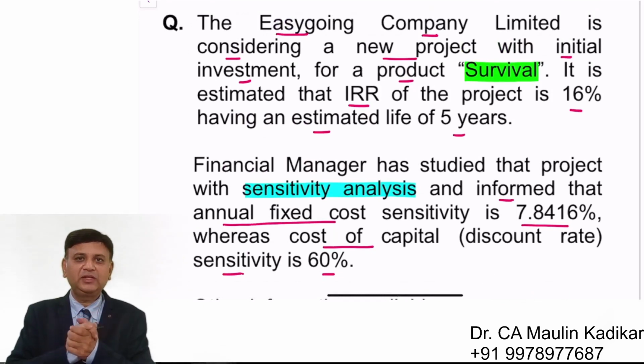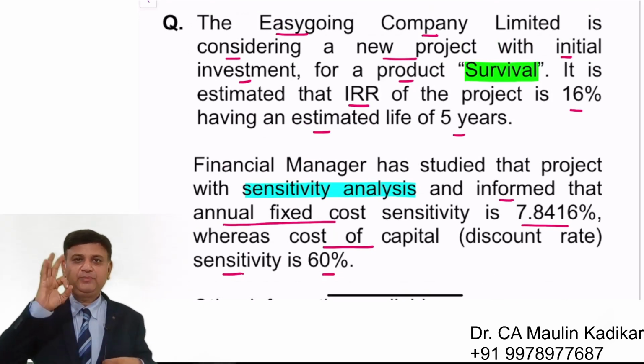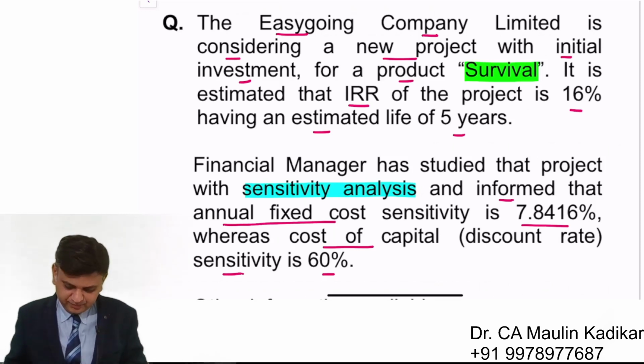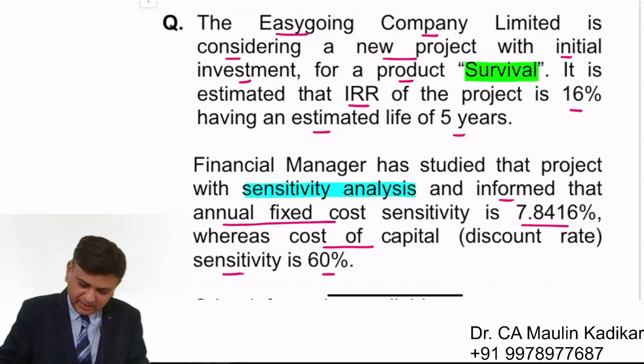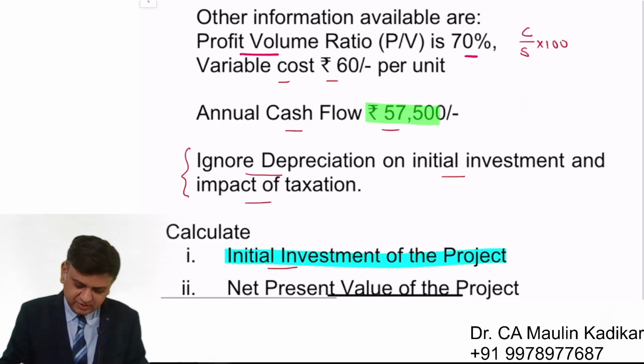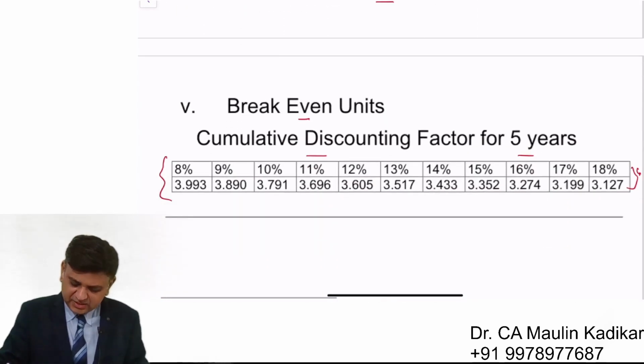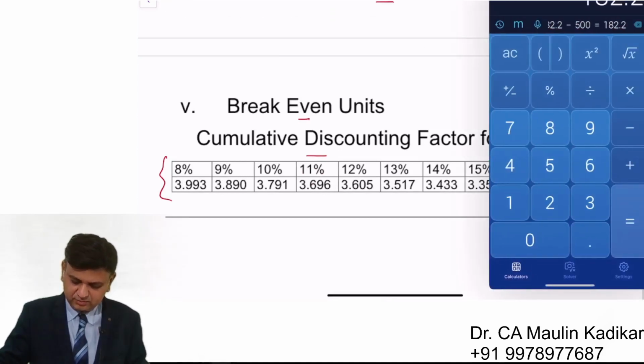Dear students, we know that IRR is the discounting rate at which NPV is 0. We already have been provided with the IRR rate. It is 16%. Cash flows are given to us 57,500. The cumulative discounting factor at 16% is given to us as 3.274.